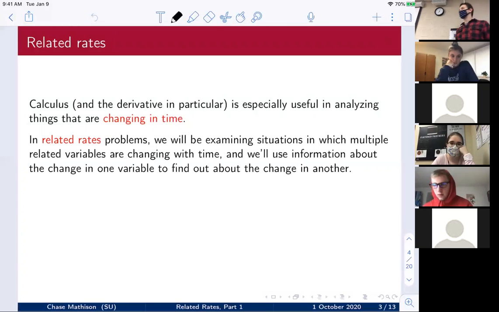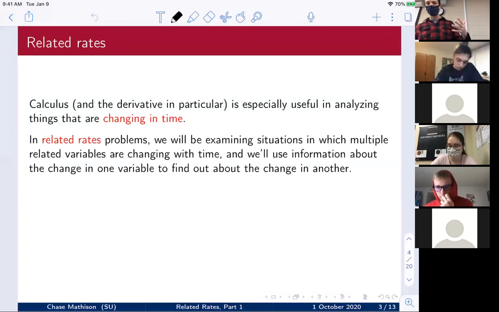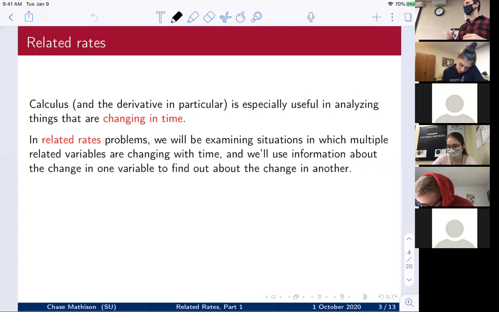In related rates problems, we're always going to be examining situations where there are multiple related variables. What do I mean by related? Well, like x squared plus y squared equals 1. There are two related variables: x and y are related to each other by that equation.